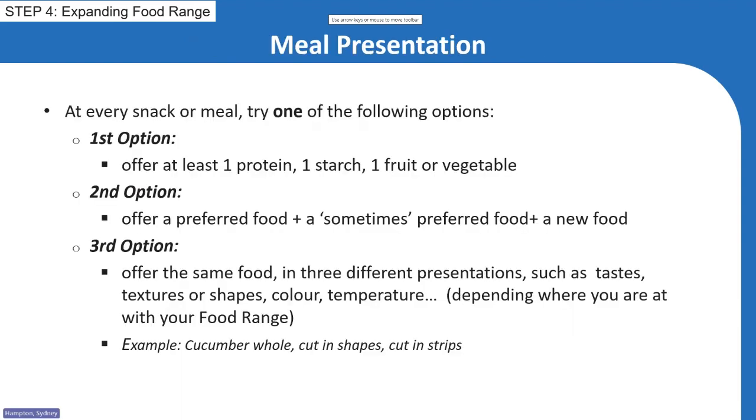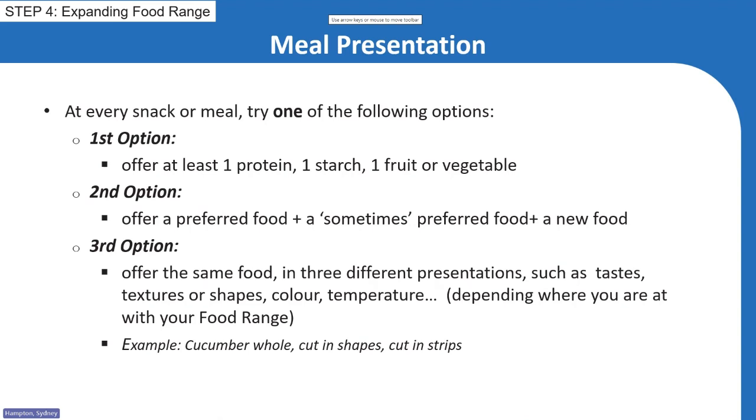So with all that predictability, how are we going to present our meal and try new foods with our child? So we're going to look next at meal presentation. When we look at meal presentation, we want to look at 3 potential ways to offer that food. For the first option, you could look at putting at least 1 protein, 1 starch, and 1 fruit or vegetable on the plate. It can start with being a preferred food for that child or change it just a little bit.